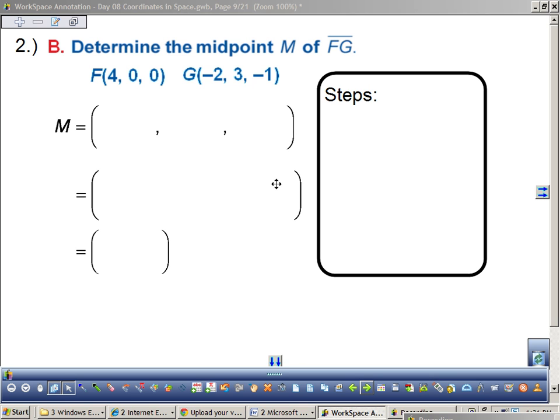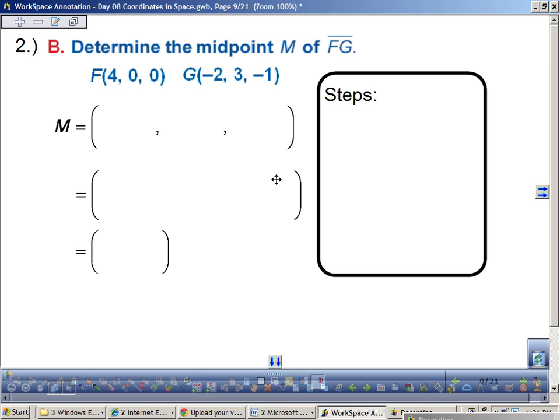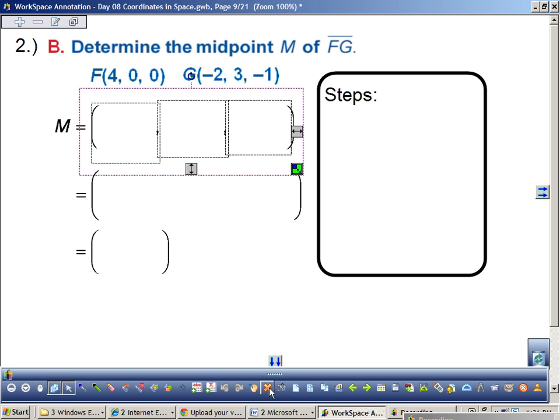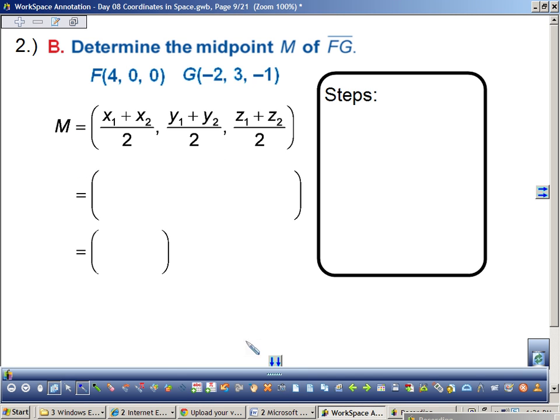Determine the midpoint. How do you find midpoint? What does mid mean? The middle. How do you find the middle of something? It's the average. Right? Oh, yeah.